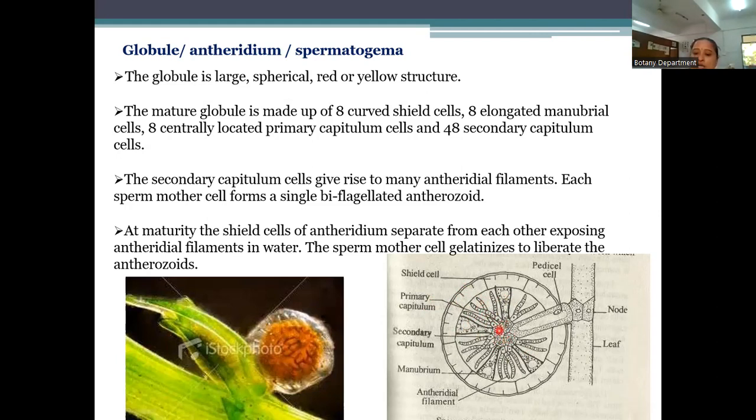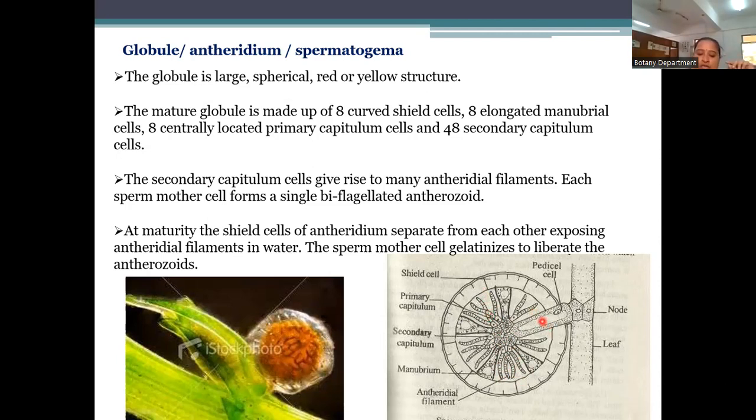And long, coiled, clip-like antheridial filaments are also present. These are the antheridial filaments. The total output of sperms is about 20,000 to 50,000 sperms. And biflagellate antherozoids are also present in each one.